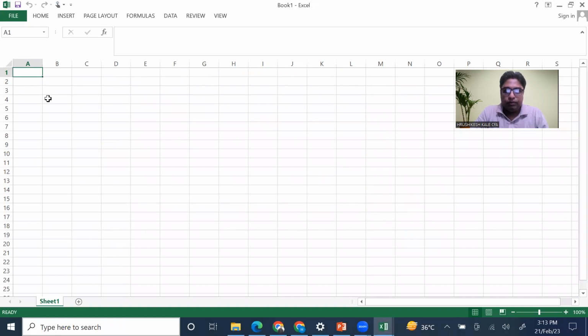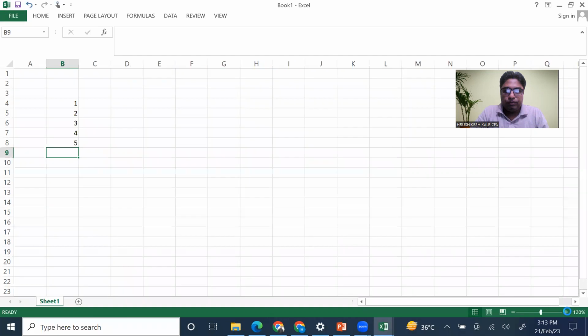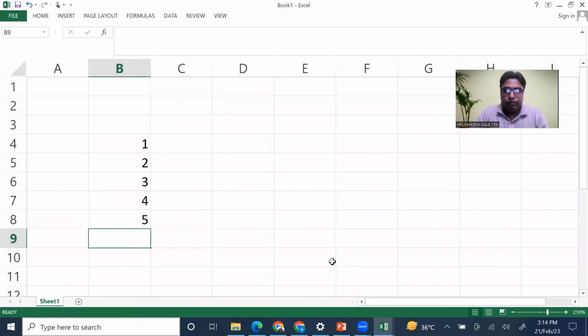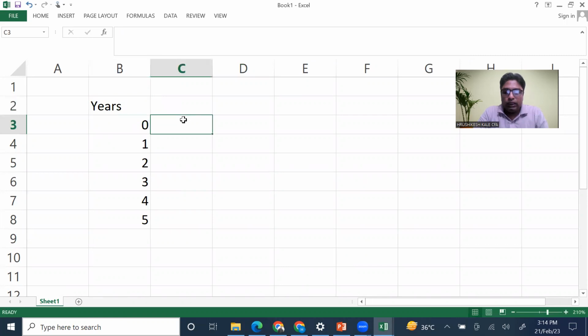Let me just increase the size of the screen. These are your years, starting from 0. Now, in year 0, let's say you did an investment of 250. And from year 1, every year you are getting a cash profit, for 5 years.